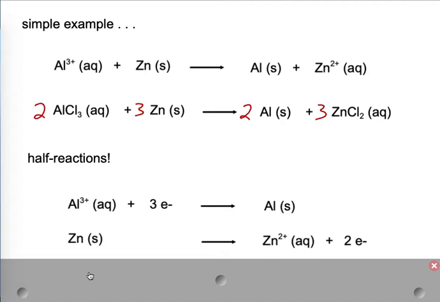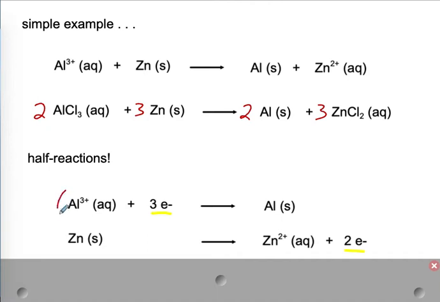In order to add these two half reactions together and to balance electrons, because a fundamental principle in this method is the total number of electrons lost in the oxidation step must be gained by the reduction step. And as you can see in this case, 3 electrons on the reactant side do not cancel 2 electrons on the product side.